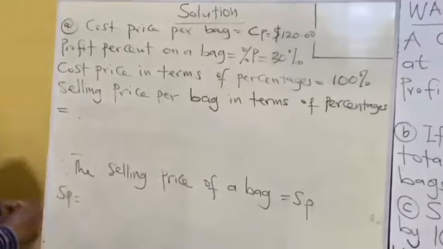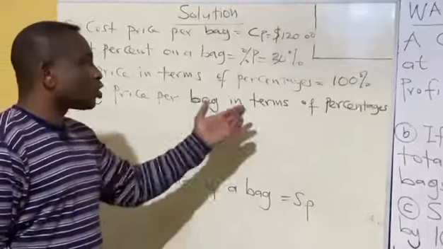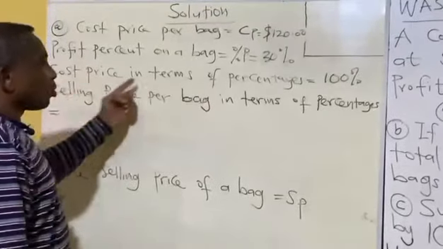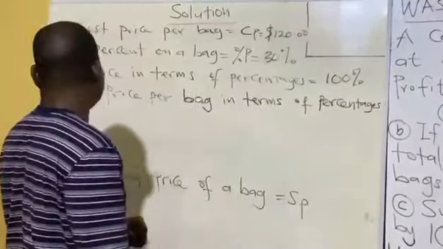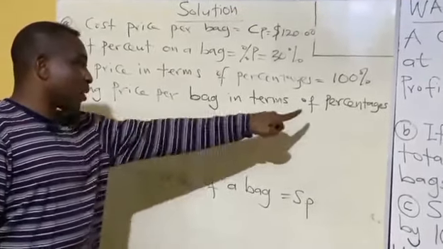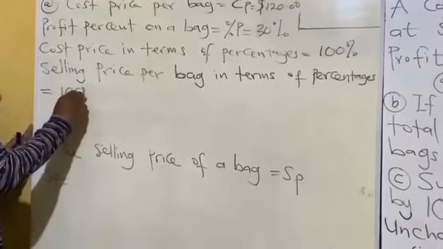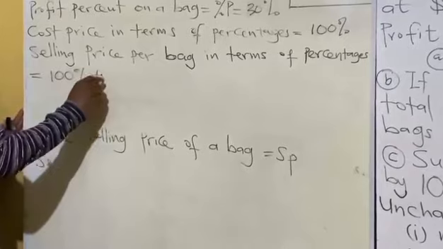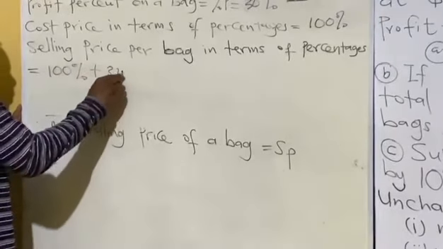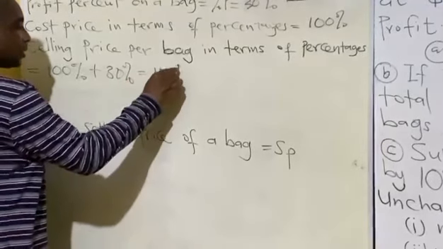Now, cost price in terms of percentages is always 100%. Selling price per bag in terms of percentages is 100% plus 30%, which gives us 130%.